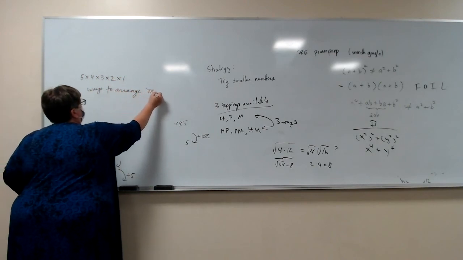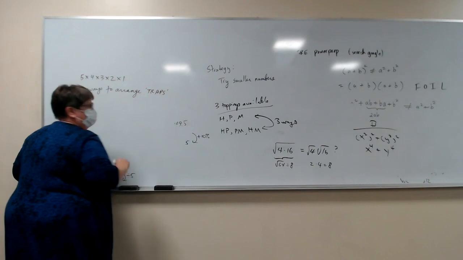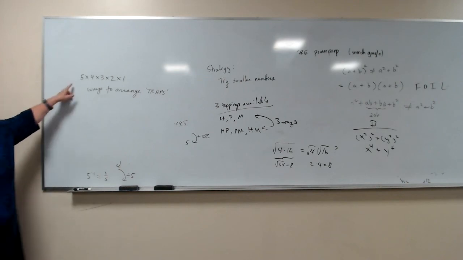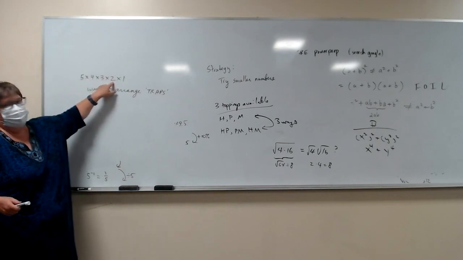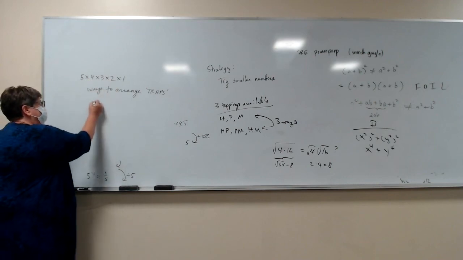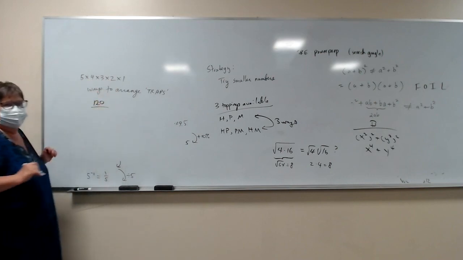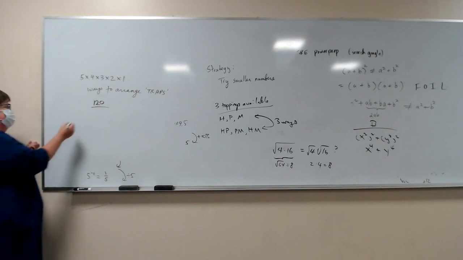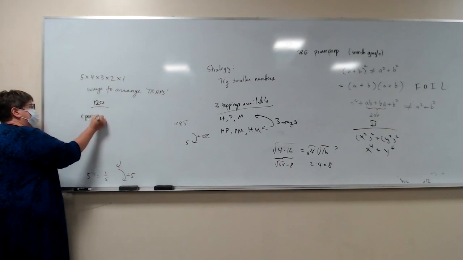And you always include the original arrangement as well. So traps is one of those. And then if you subtracted 1 from this, there'd be the new arrangements. So 5 times 4 is 20, times 3 is 60, times 2 is 120. That's called a permutation. That's a permutation problem.